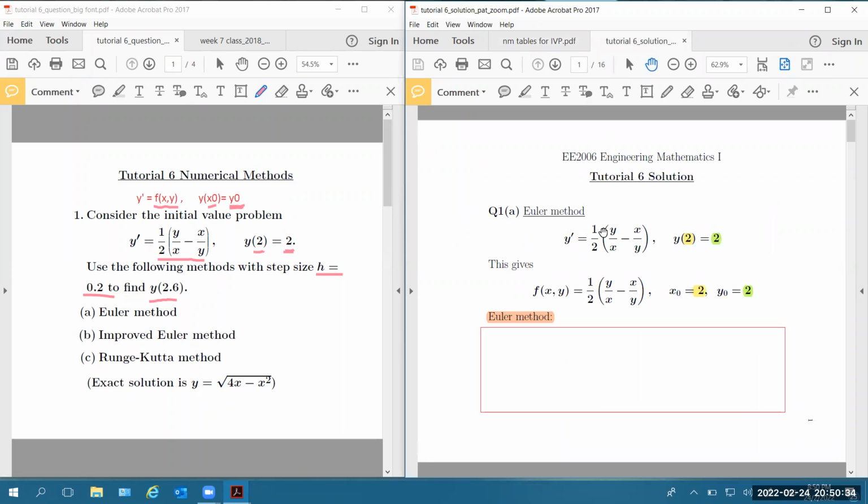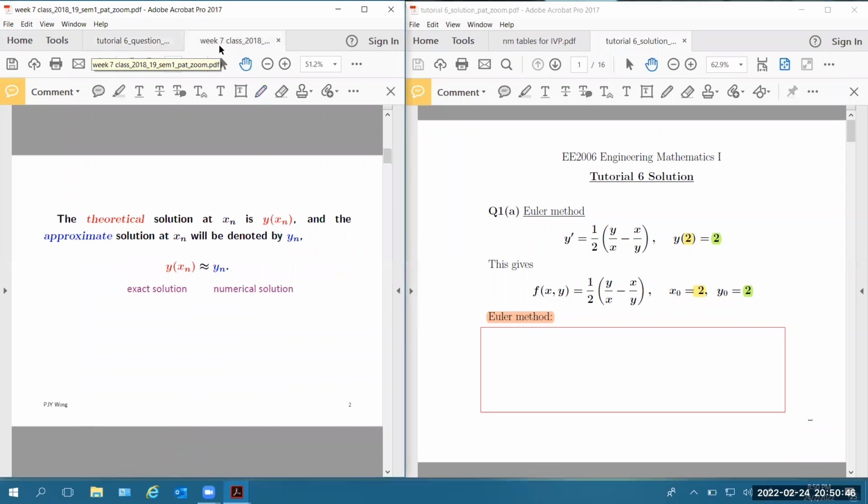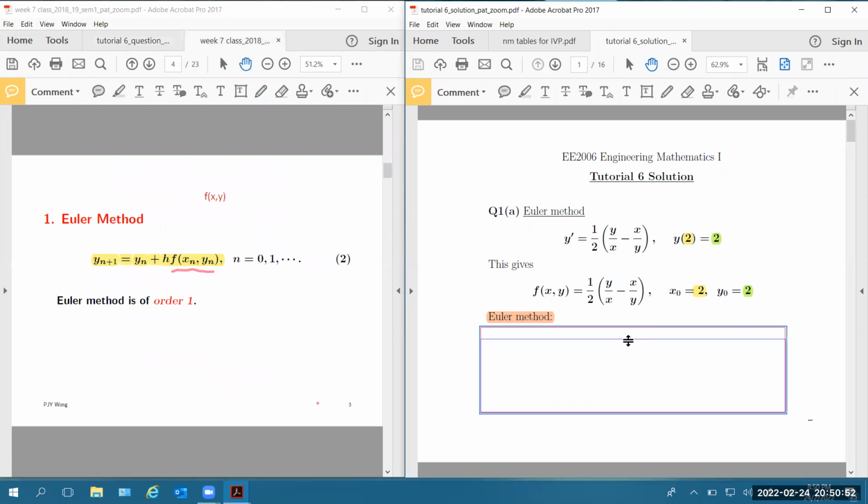Okay, it's our Euler method, right? So I identify the function, the x naught, the y naught. So now I need to write down the formula. Okay, so let's go to the Euler method to see the formula. There's a formula here, right? So let's go and write down this formula. Now of course you cannot calculate from here.